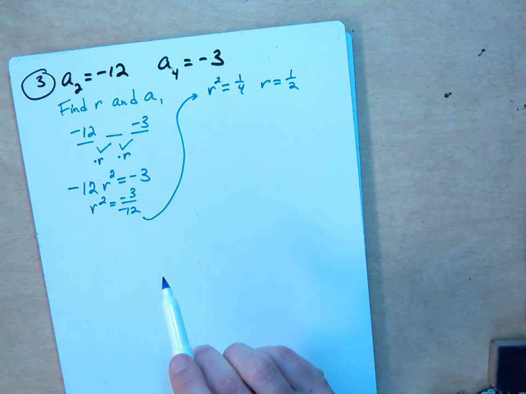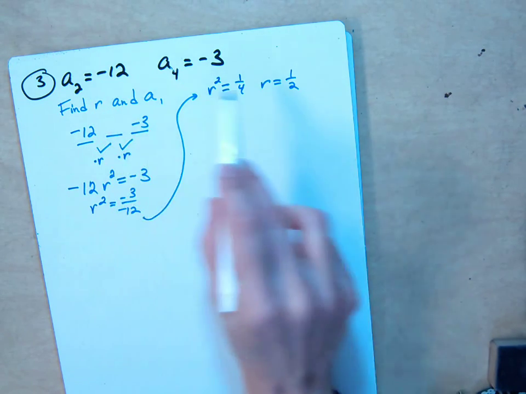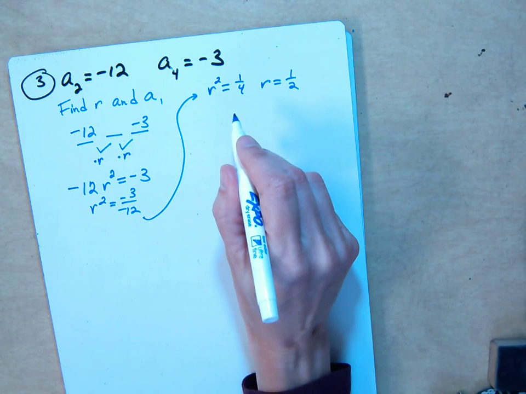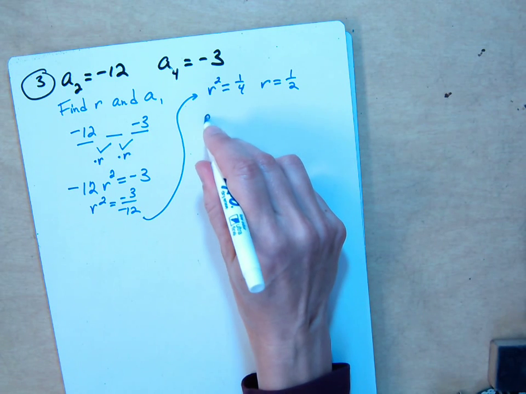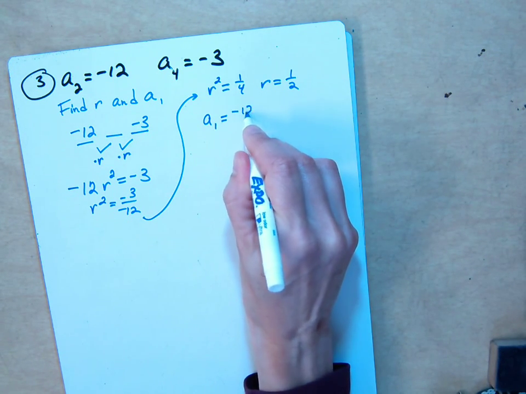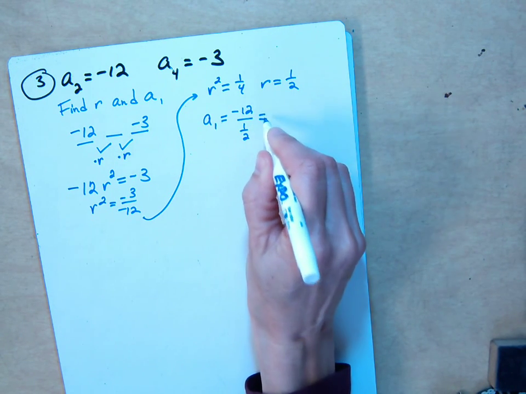So with r as a half, we just need a sub 1. So what do we do to the second term to get to the first term? Yeah, you divide by the common ratio. So you would take negative 12 and you would divide by a half, because you're going the reversed way.